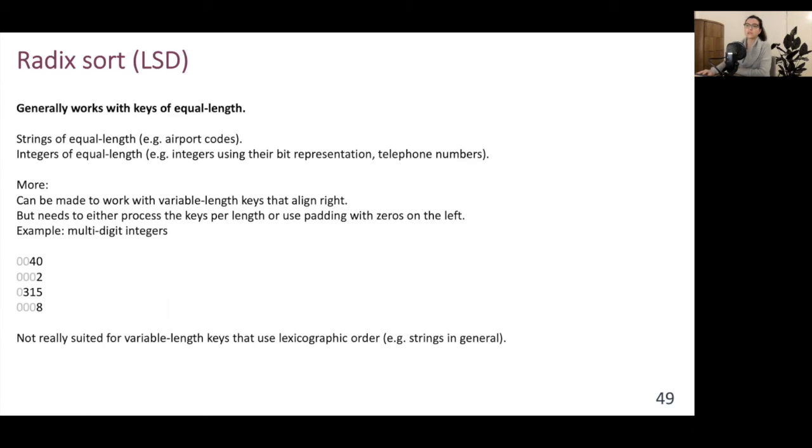In general, it can be made to work with variable length keys that align right, but then it will need to either process the keys per length or use padding with zeros on the left, such as you see here for multi-digit integers. It's not really suited for variable length keys that use lexicographic orders. So if you think of general strings of variable length, this algorithm wouldn't be the best for that.